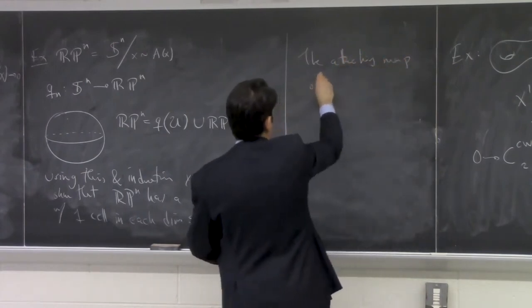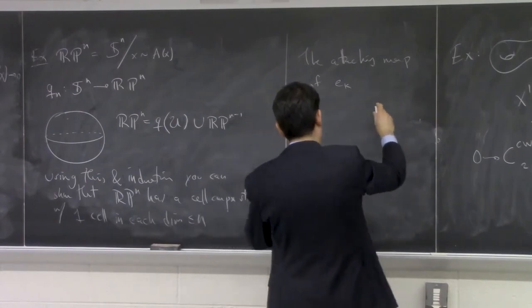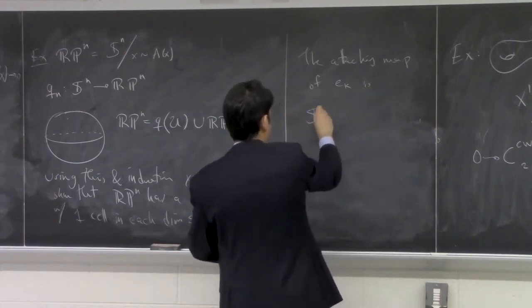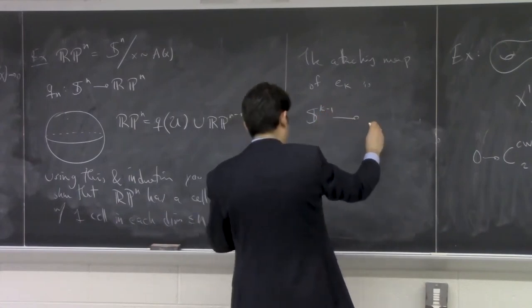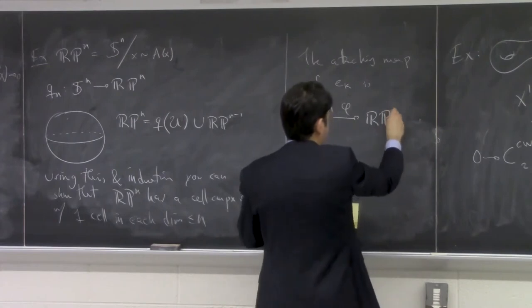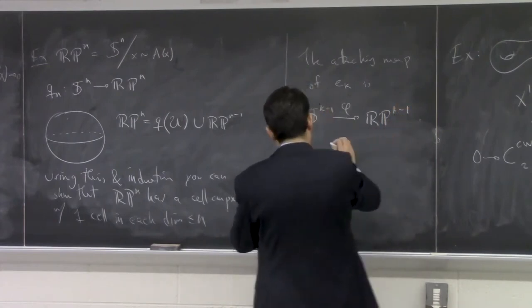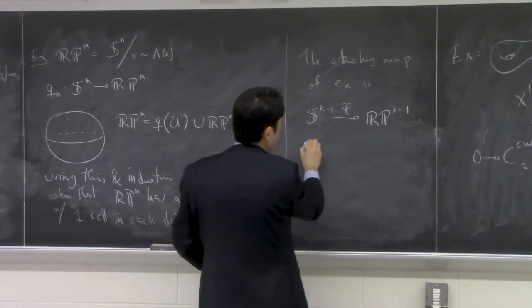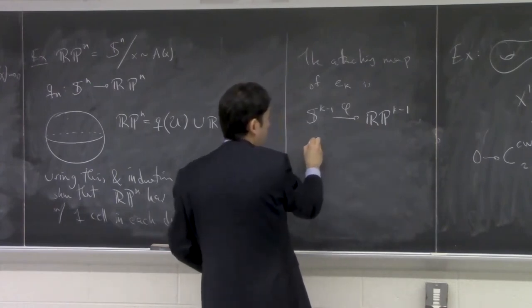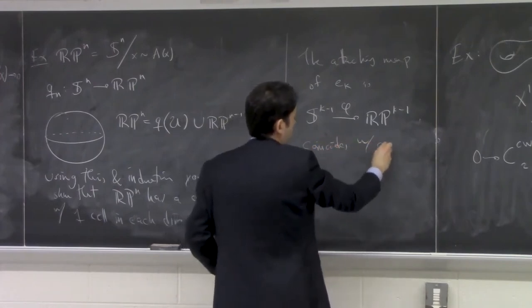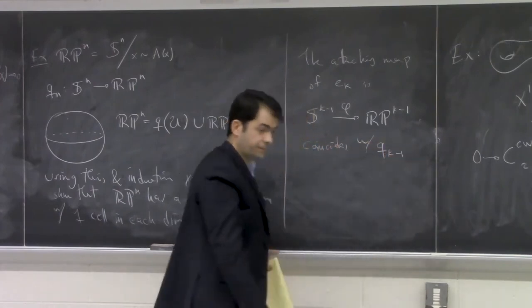The attaching map of, say, e^k, is S^(k-1) attaching to RP^(k-1), but that's just the collapse map. It coincides with q_(k-1).